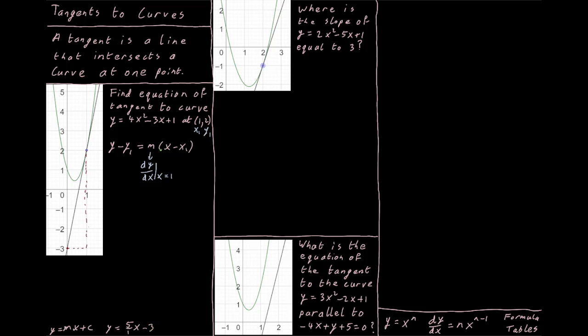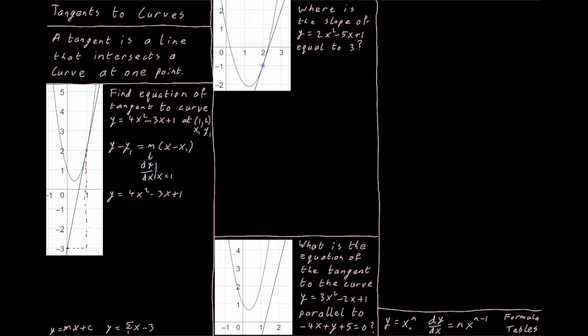So let's see if that's what we get when we do this using our derivative and our algebraic method. So we're looking for this equation that we've just gotten from our picture. So I need to get dy/dx of my curve. So I'm going to write down the equation of my curve and get dy/dx. I'm going to use the formula tables rule for getting the derivative.